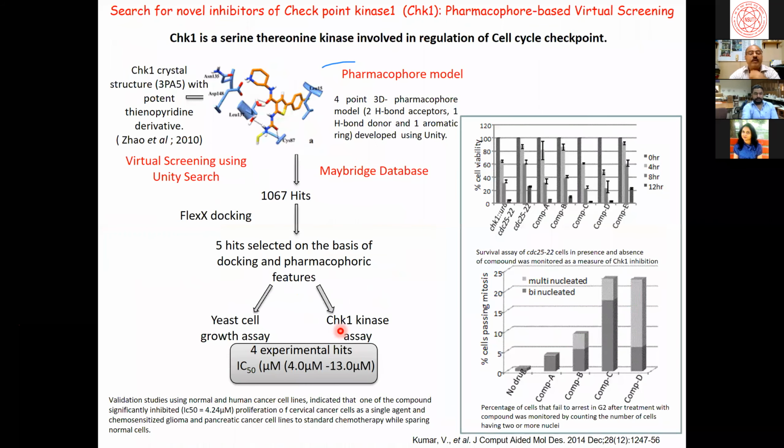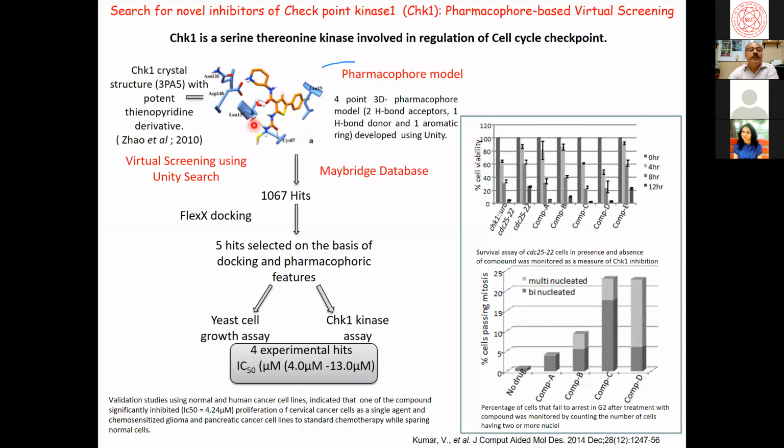In another example, Vikas also used this method of virtual screening to identify new molecules where he targeted CHEK1, a serine threonine kinase, which is involved in the regulation of cell cycle checkpoint. So the crystal structure of CHEK1 was used, in a bound form, a co-crystallized structure of CHEK1 with a thiopyridine derivative.